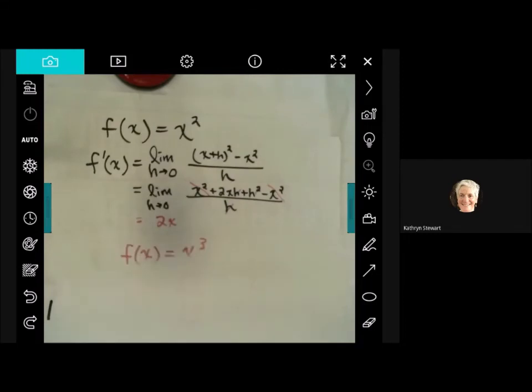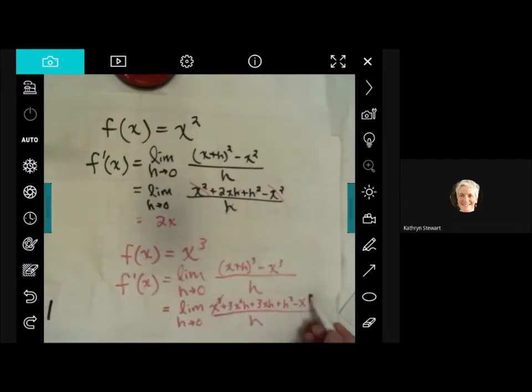Now, if I did it with the cubic, same thing. Those first two terms, the x cubes, would always go away. If you divide out your h from each term, and now if you plugged in your 0, you'd have 3x squared. That would be 0 because there's an h left. That would be 0 because there's an h left.